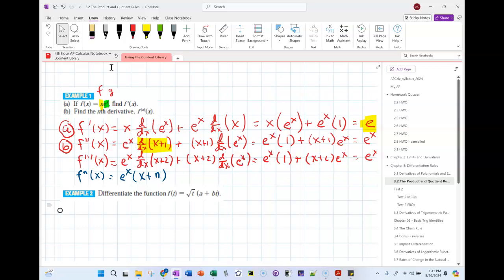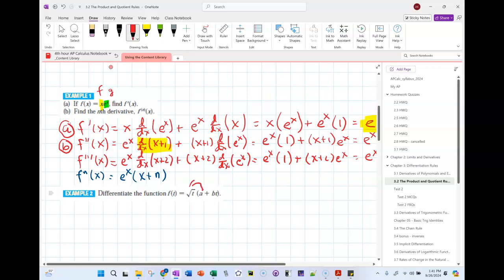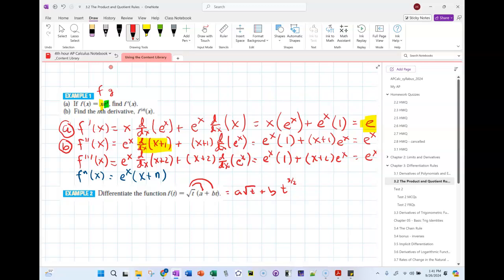But I think that's kind of overkill, because if I just distribute things through, what's square root t times t? T to the 3 halves, right? Because I have t to the first times t to the half, that'll give me t to the 3 halves.